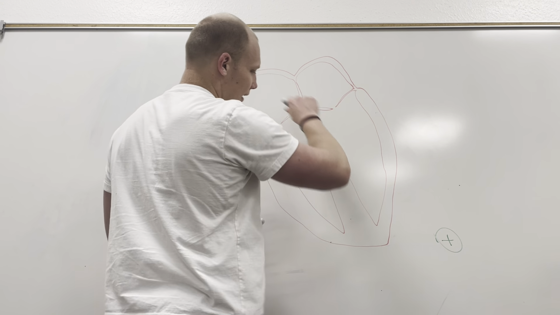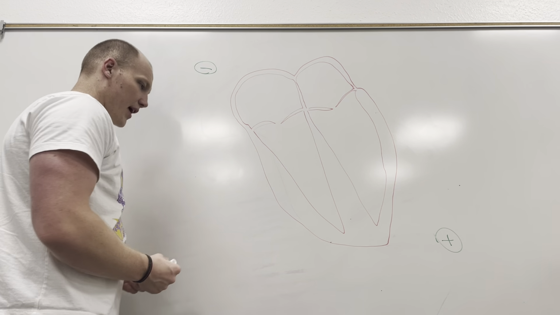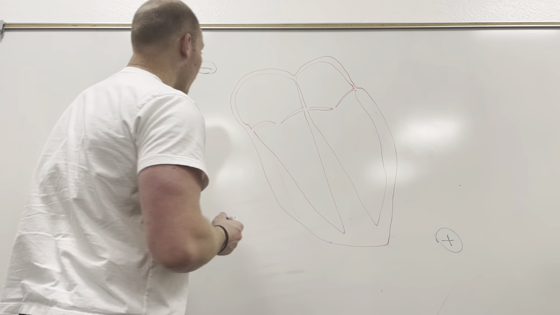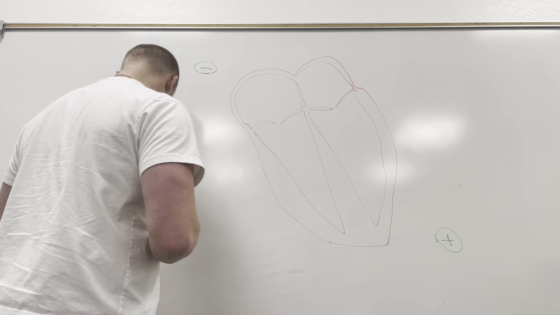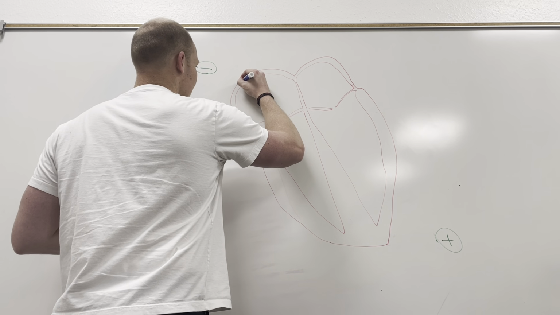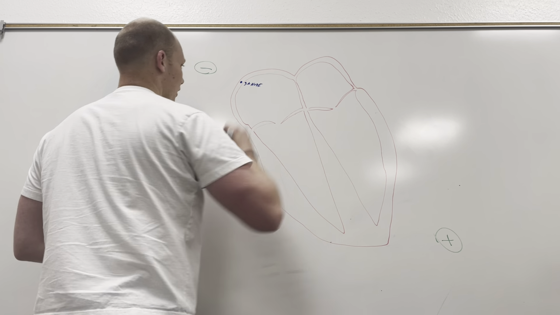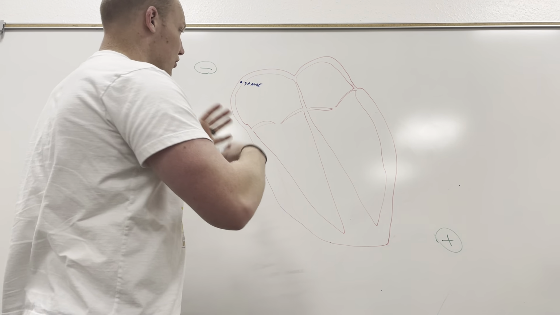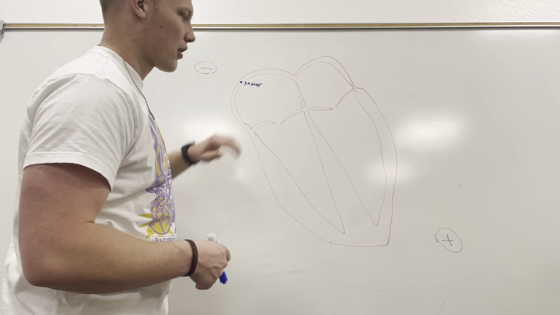We have a way to measure where things are going, the way charges are flowing. So when the heart depolarizes, we have our SA node up here, and we know that that's the pacemaker of the heart. That's what starts contraction, that's what starts the heartbeat. This is what keeps our heart going.